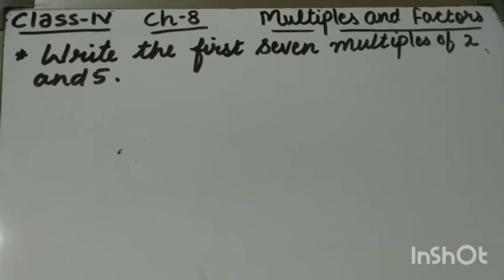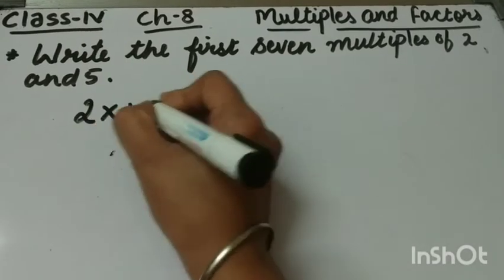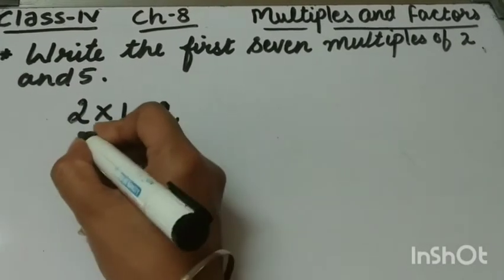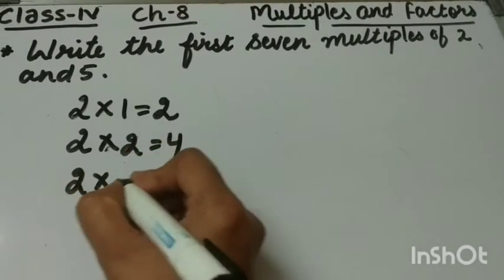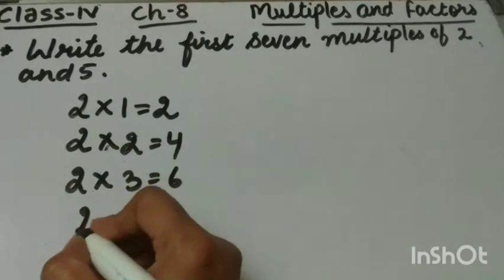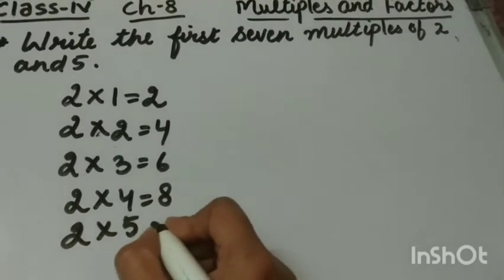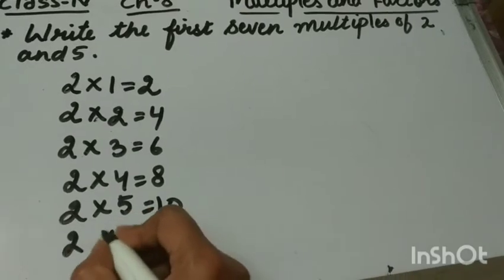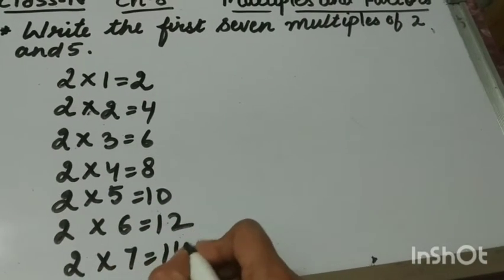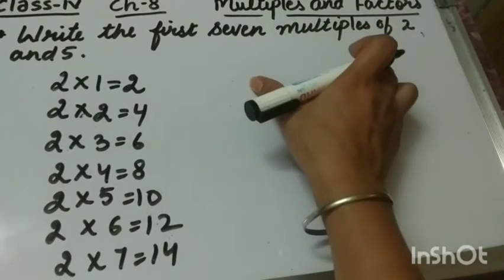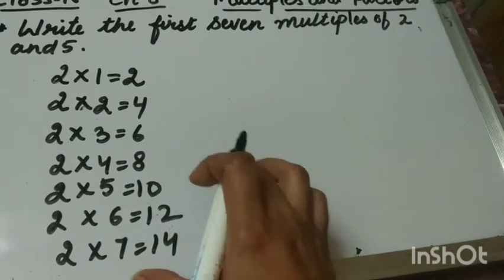Then how will we write them? The first 7 multiples of 2 are 2 1s are 2, 2 2s are 4, 2 3s are 6, 2 4s are 8, 2 5s are 10, 2 6s are 12 and 2 7s are 14. Because we have to write the first 7 multiples of 2, we will write the multiplication table of 2 up to the 7th place.